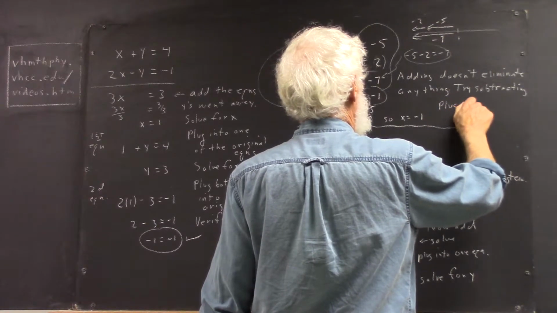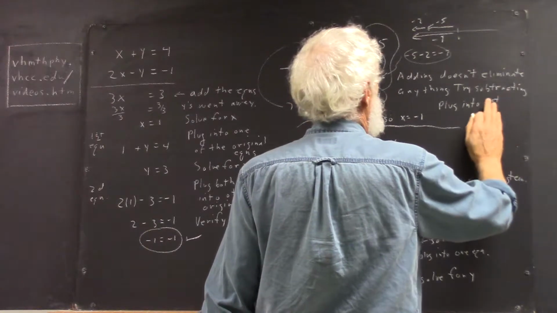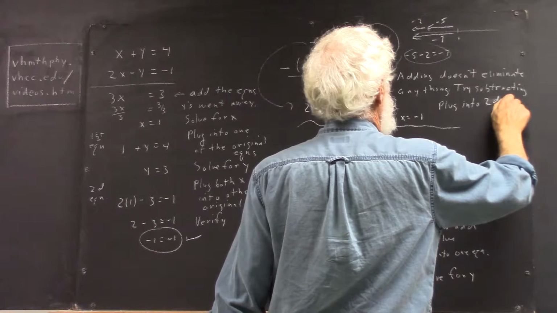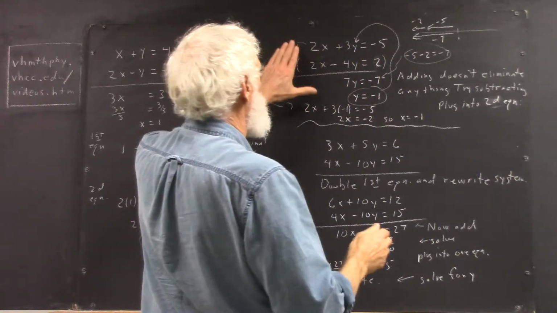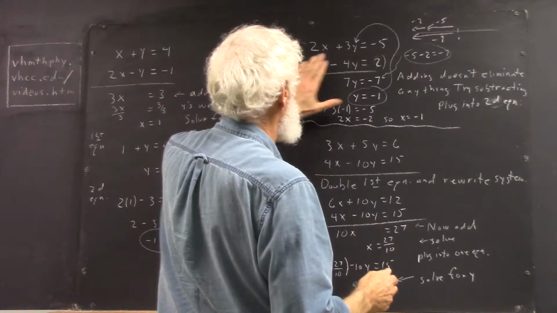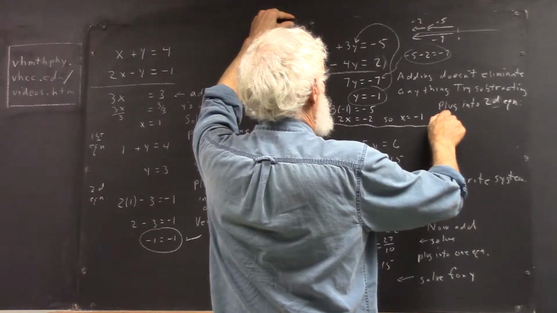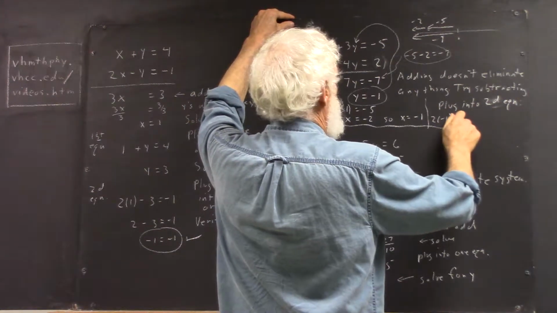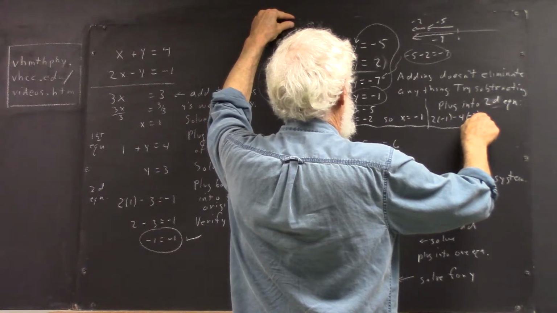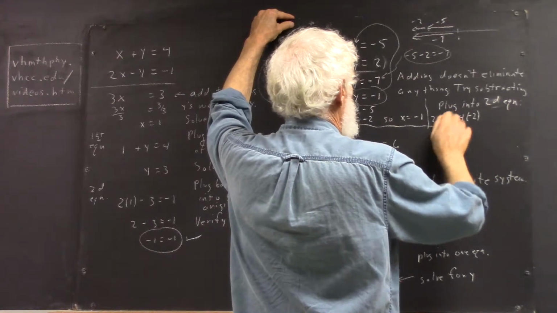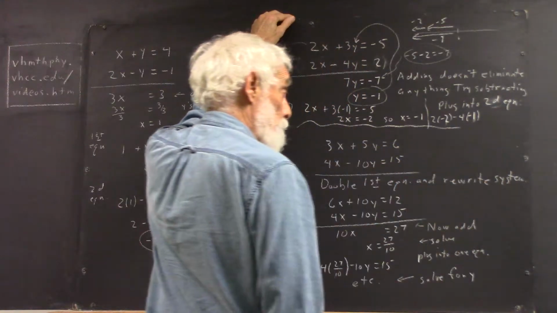So I'm just going to say plug into the first equation. Actually, I should plug into the second equation, shouldn't I? Okay? And we get, in the second original equation, forget the fact that I had this minus on here. Here's the second equation. We get 2 times -2 plus 4 times -1.